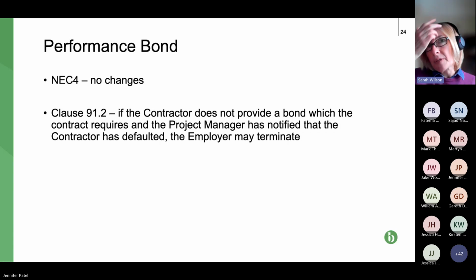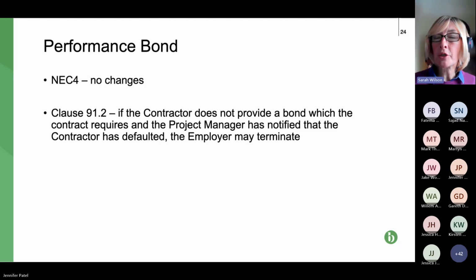This isn't meant to be something where a client just decides partway through the project that they're not that happy with performance. They think they're going to be due some money at some point, so they make a claim on the bond. And that's different to some of the other bonds.